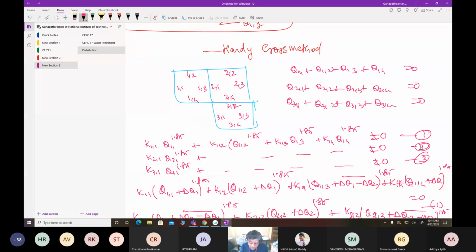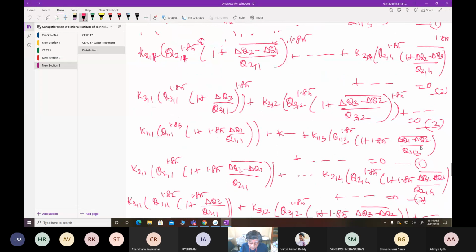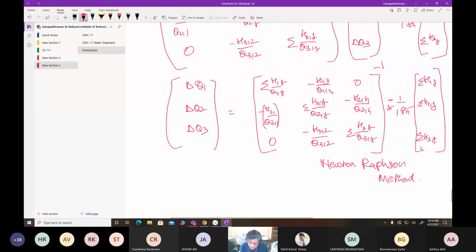It is pipe 1, 3, so you put H13 by Q13 here. There is no pipe in common with loops 1 and 3, so 0. What is the pipe in common with 2 and 1? Pipe 21, so minus H21 by Q21.